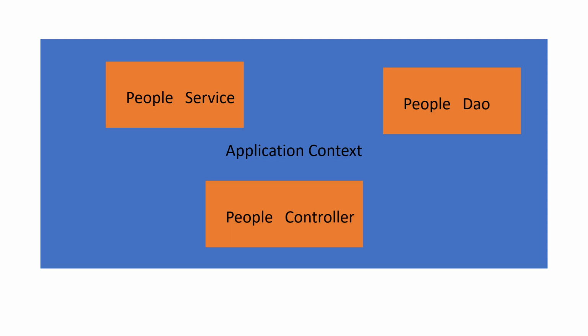This object will go and add all the necessary objects in your Spring application. So in our example, you have a class application context, and this class will contain, as an oversimplification, all these three classes and their respective objects.